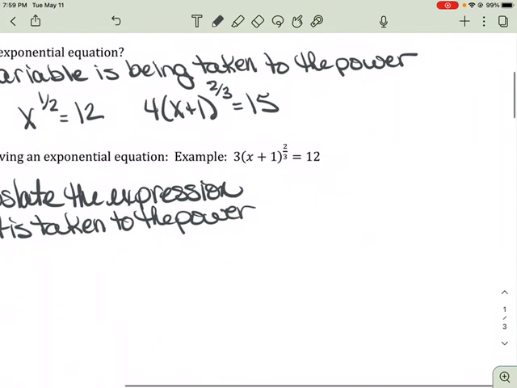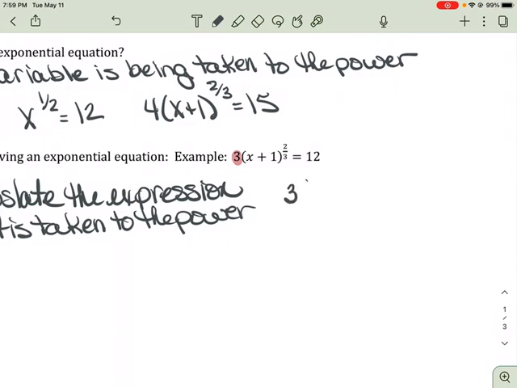In this case, we have this 3 that's outside, so we're going to have to get rid of it. Do not distribute into the parentheses, because the parentheses are being taken to the power. The 3 is not, so it's got to go. We're going to divide.